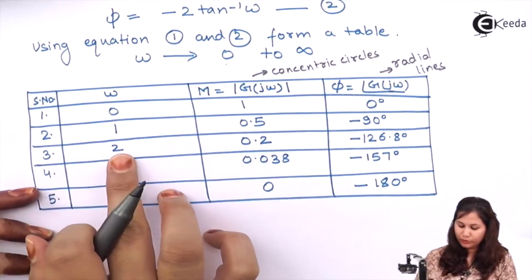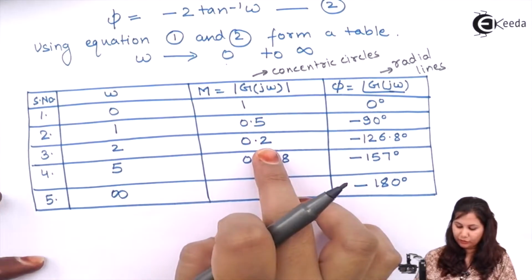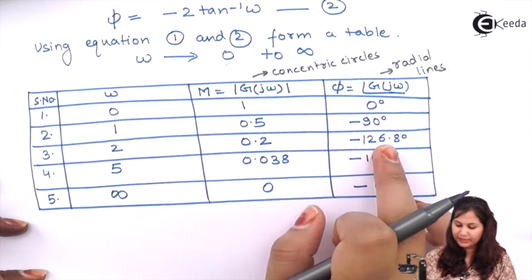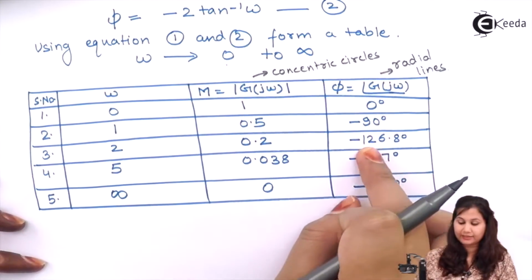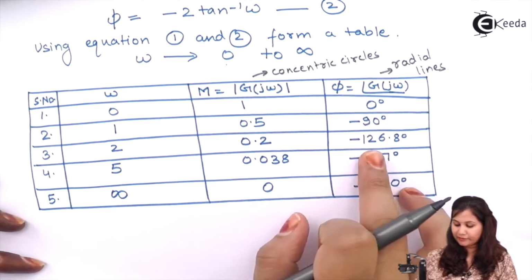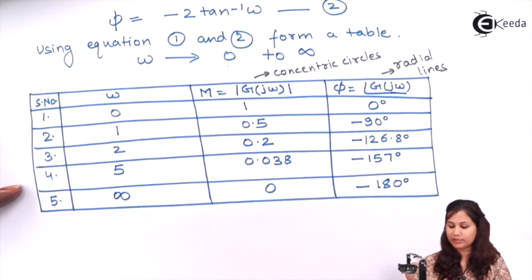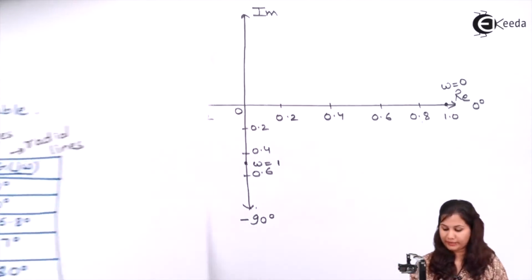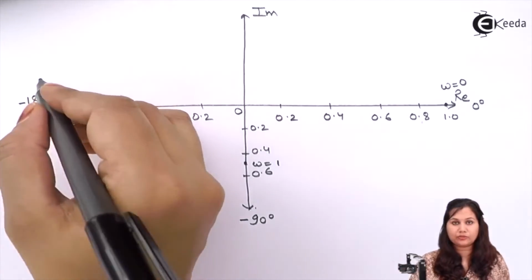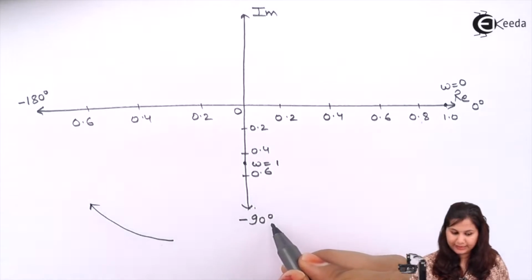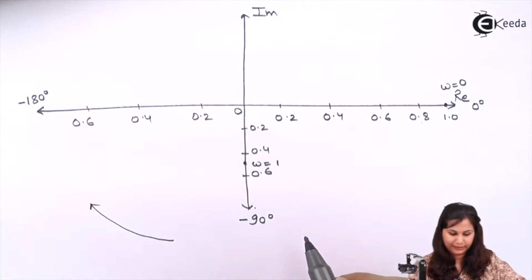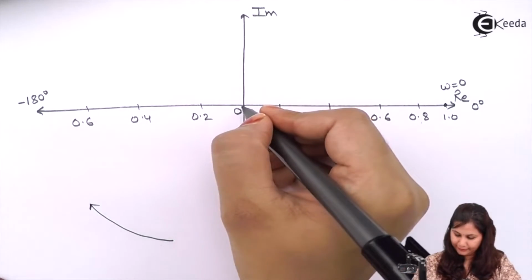Now for omega equals 2, the magnitude is 0.2 and the phase angle is minus 126.8 degrees. Now the phase angle is negative, so a negative phase angle in polar plots is measured clockwise. So clockwise we are going to measure it, that is in this direction. This is minus 90 degrees, so we have to plot minus 126.8.